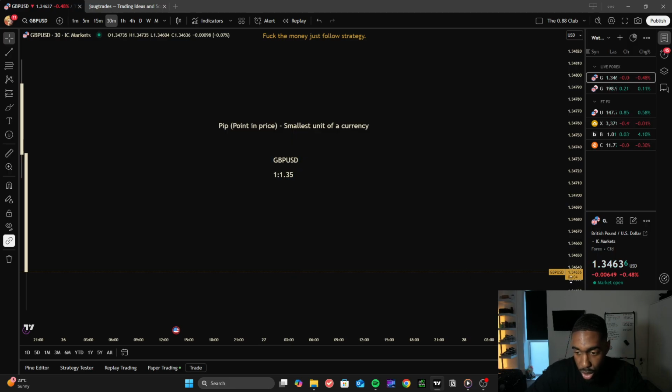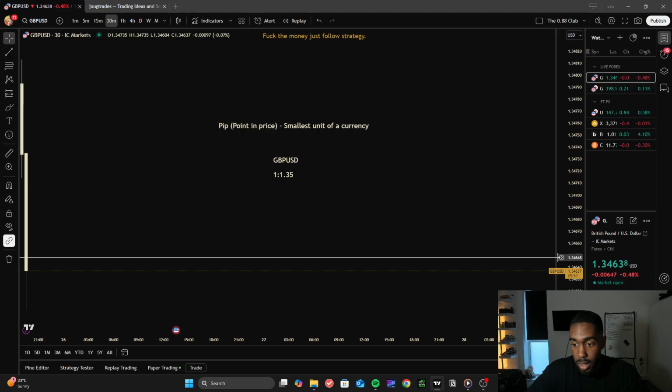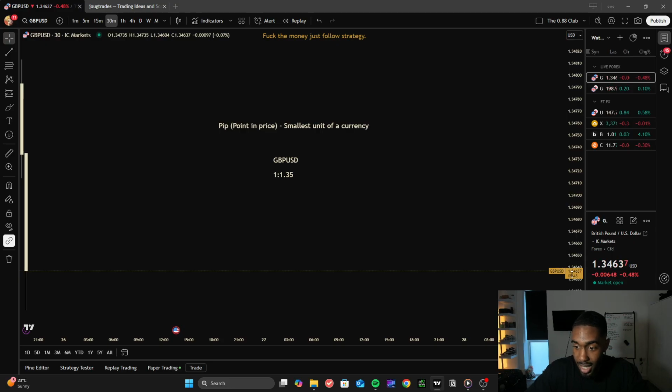I'm on GU right now. Look at where my mouse is in the gold. It's actually 1.34636 or 7, slowly going up and down. So that's the actual price of GBP USD, the pound against the US dollar. You see how small the price changes are?